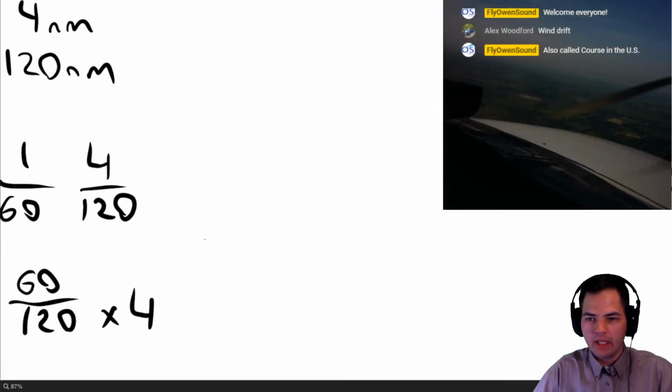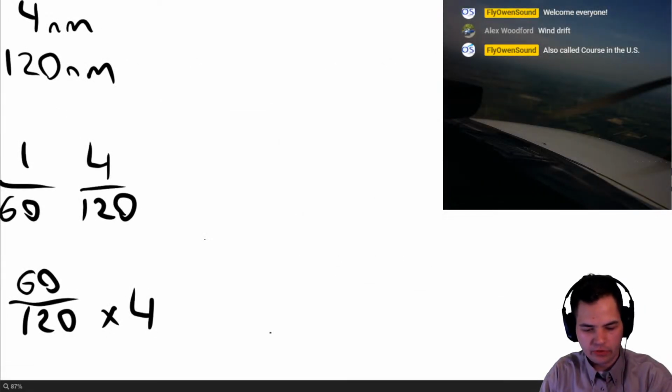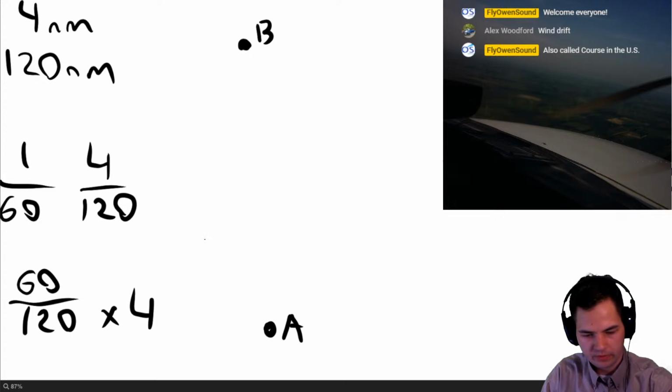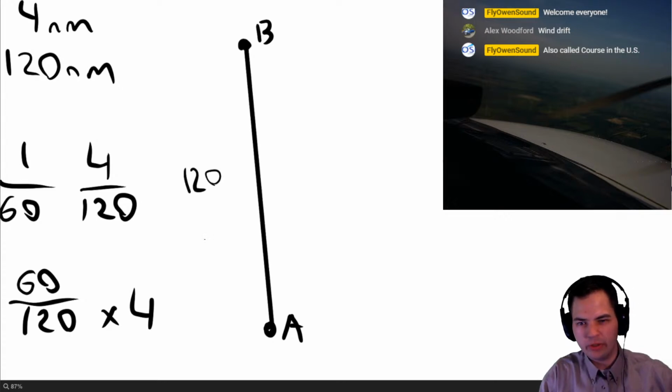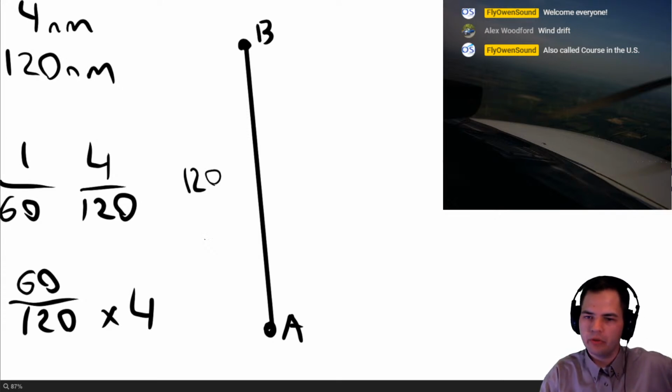Again, let's come back and reality check that. So we're at point A, and to point B. And that trip is 120 miles. They tend to do it like this. They don't tend to give you odd, weird numbers that aren't multiples of 60 or in some way.